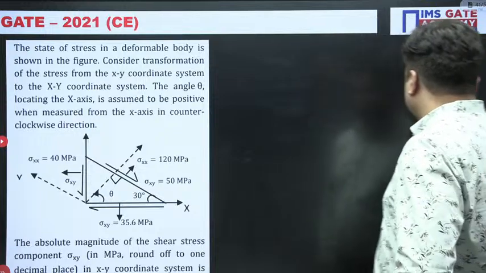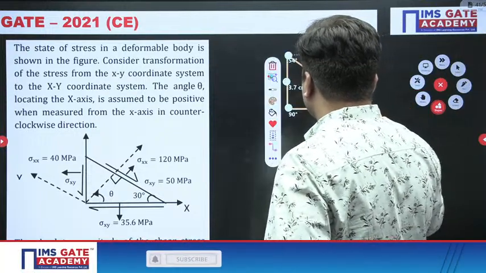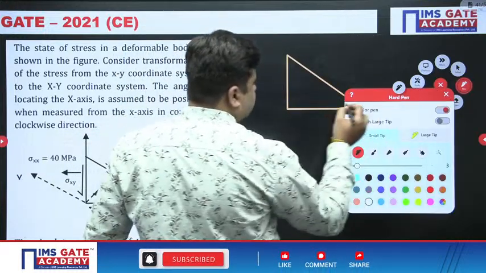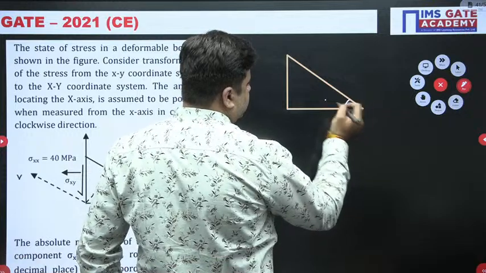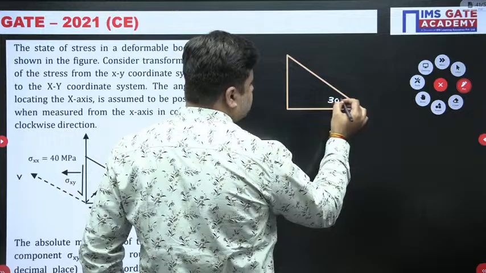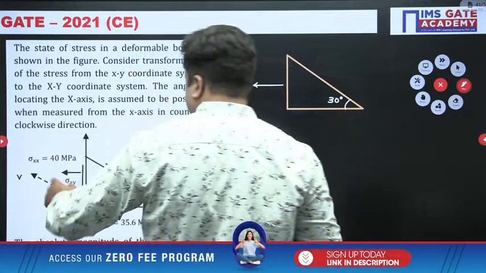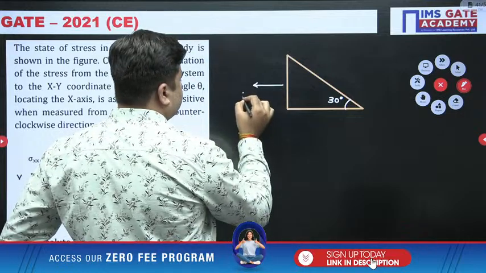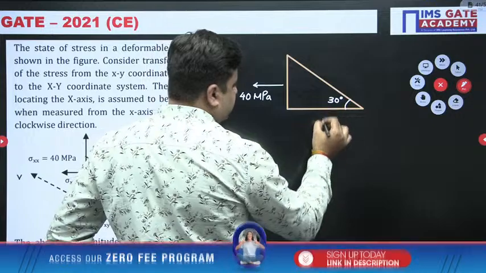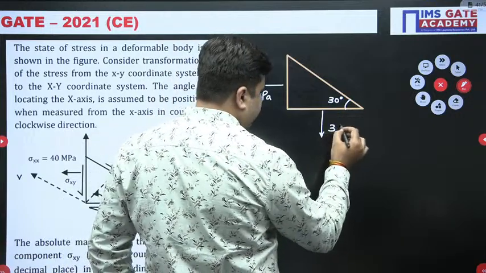Okay, this is the stress situation given to you. This angle is 30 degrees. Sigma x is given to you. Sigma x is 40 MPa. Then sigma y is given to you. Sigma y is 35.6 MPa.